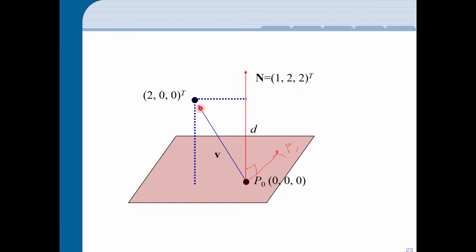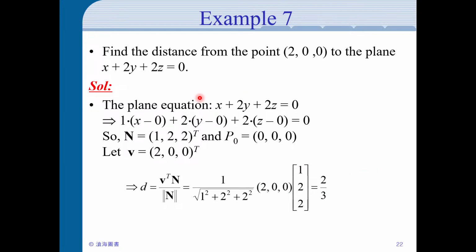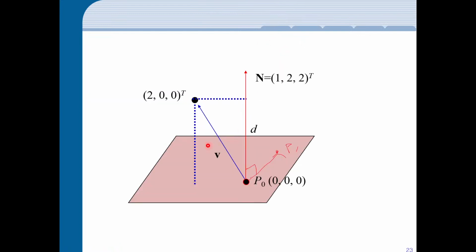So the distance of... wait, once again, what do we want to find? We want to find the distance of this point to this plane. That distance is what you get if you draw a normal vector from this point to the plane.